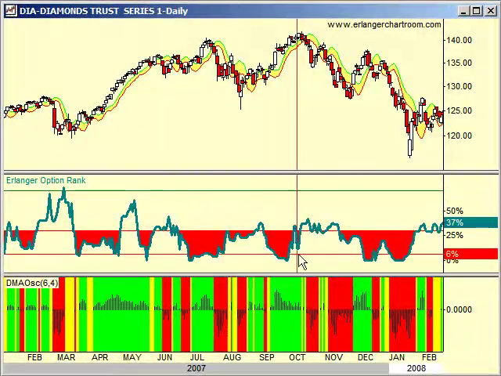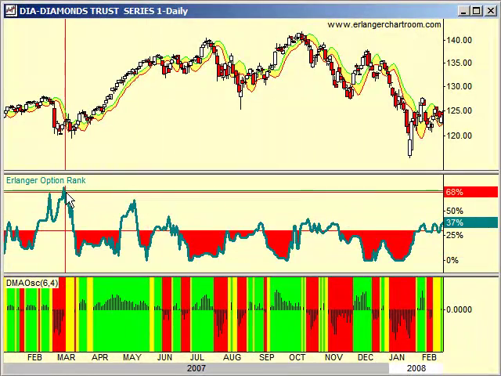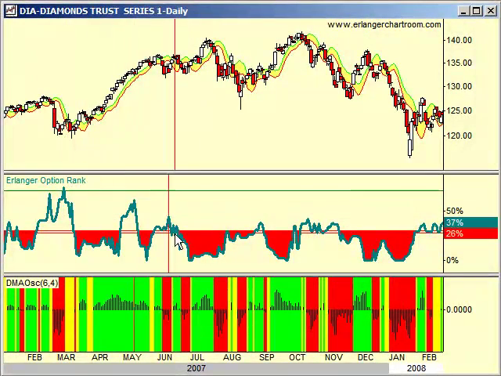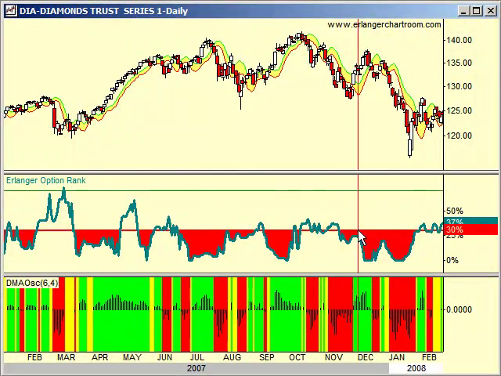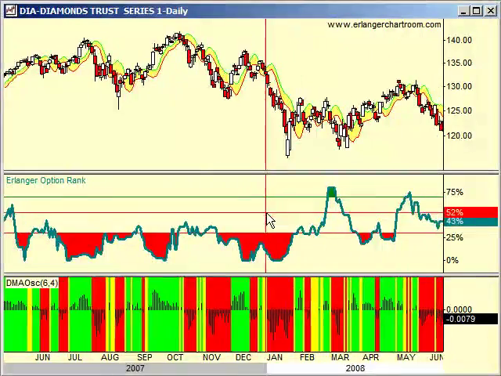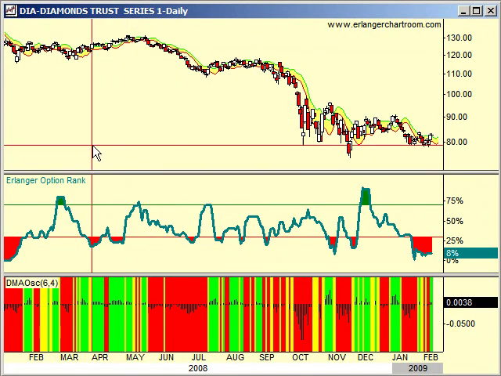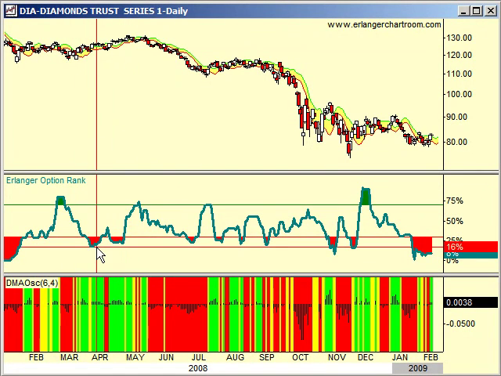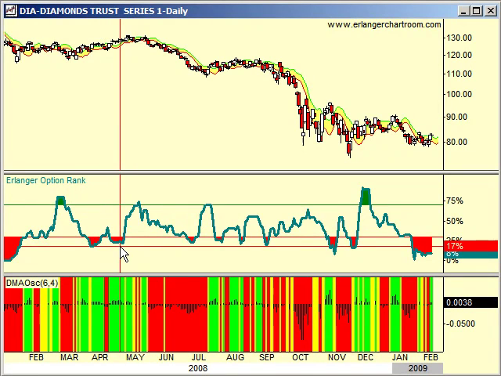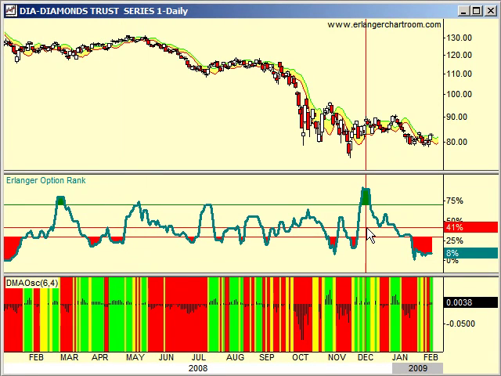You can see that not only in the dominance of the call action, but the willingness to buy puts just diminished to next to nothing here. When there were bouts of put activity, they didn't last long. The most meager of moves up in the market convinced options traders to get back on the long side. And so the market is doing a pretty good job at confounding the majority over the last few years.